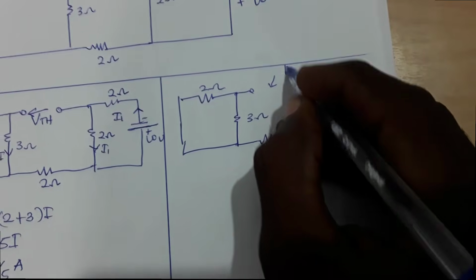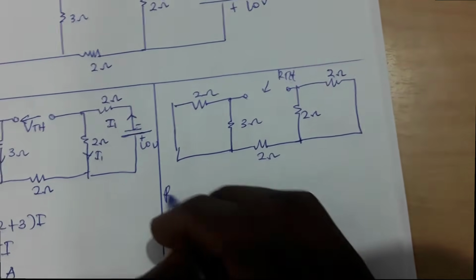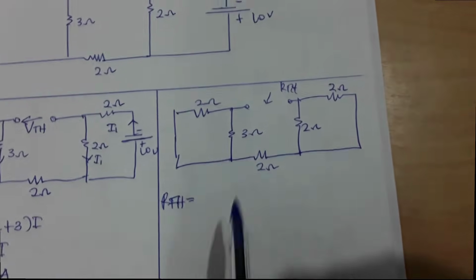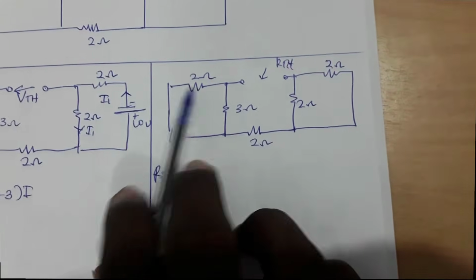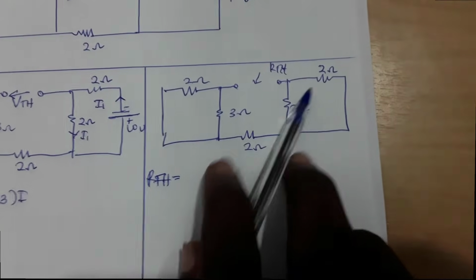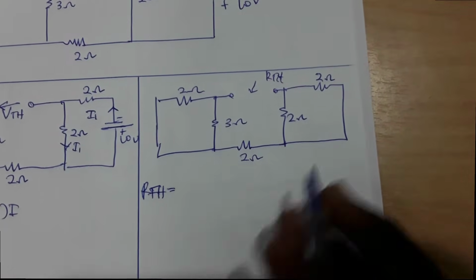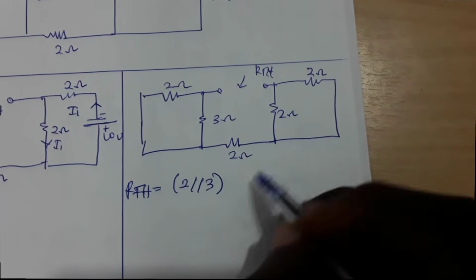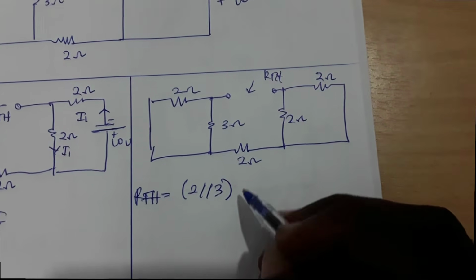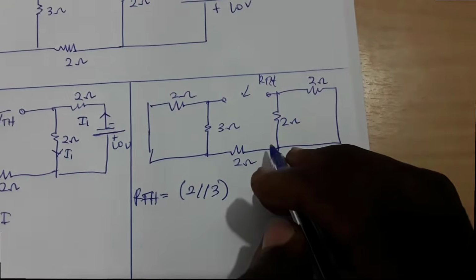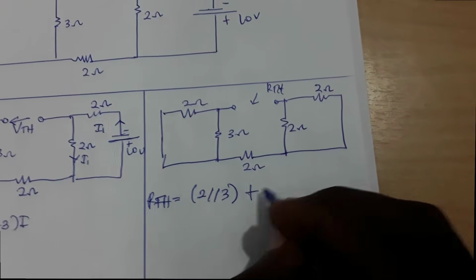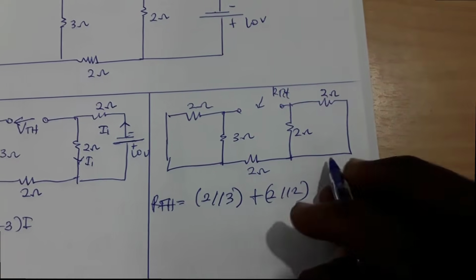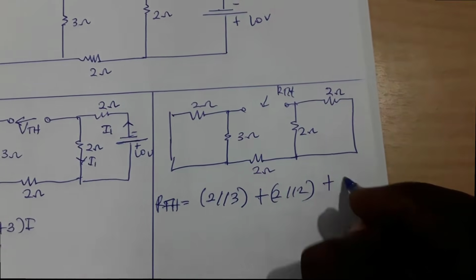When we look through this terminal, so the RTH, we can see that this and this are in parallel, this and this are also in parallel, and they are in series with this. So let's see. 2 parallel 3, and this is also 2 plus 2 parallel 2 over here, and they are all in series with these 2.